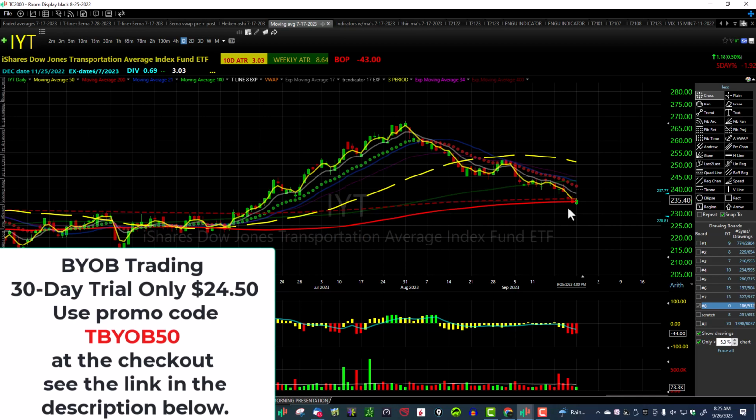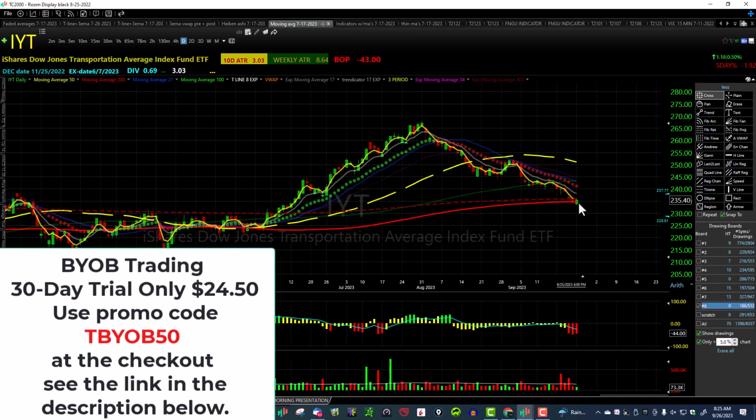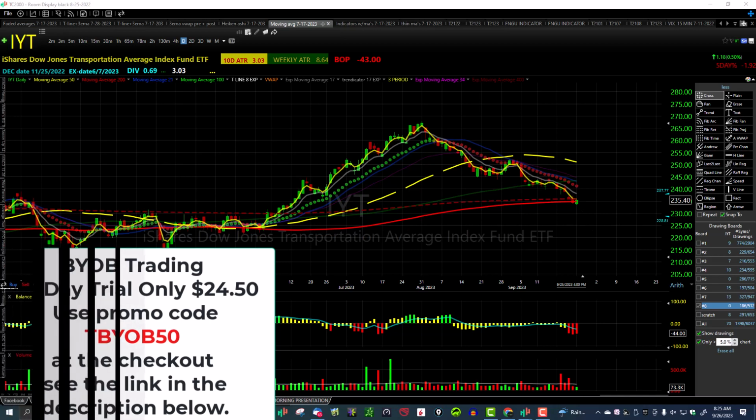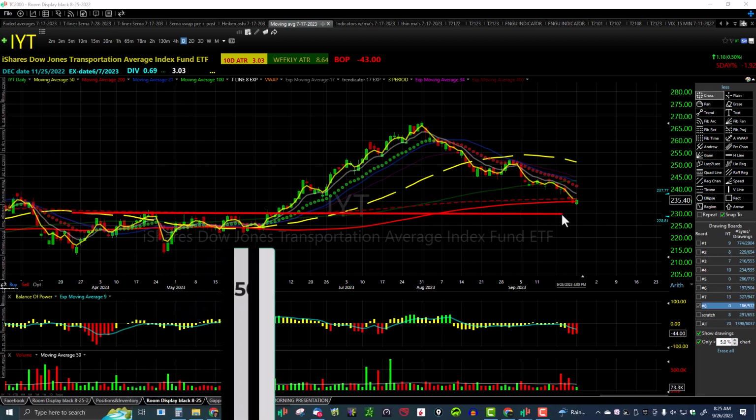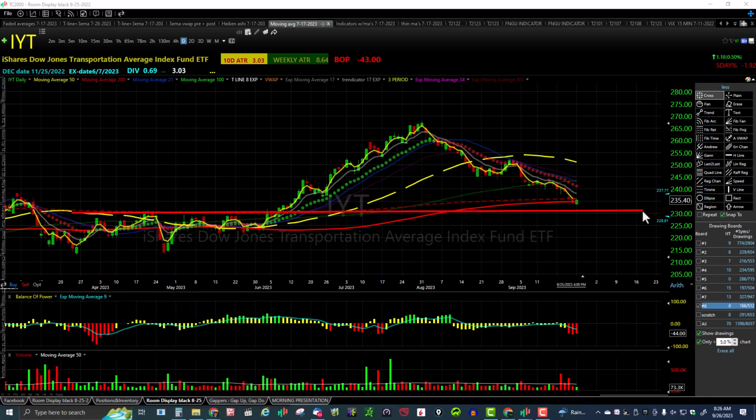So we'll see if we can get a bounce. We do have some support coming up right through this level. If they want to break down a little bit more, they have some room to go, but they will be right into minor support back here.